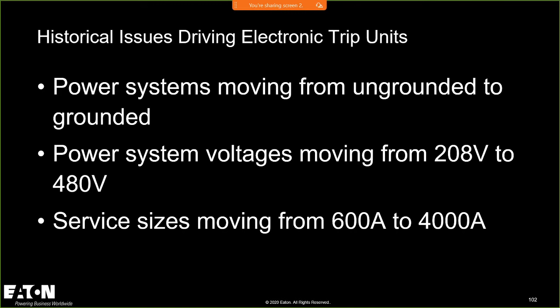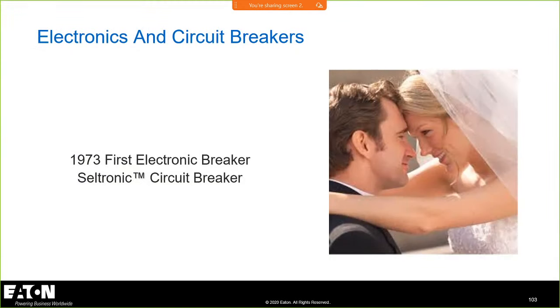And so Westinghouse, I believe, was the first one that said in 1973 they married electronics with a standard thermomagnetic circuit breaker, and they changed the history of circuit breaker technology when that happened.